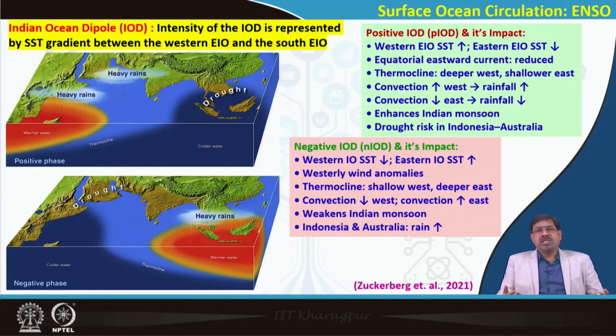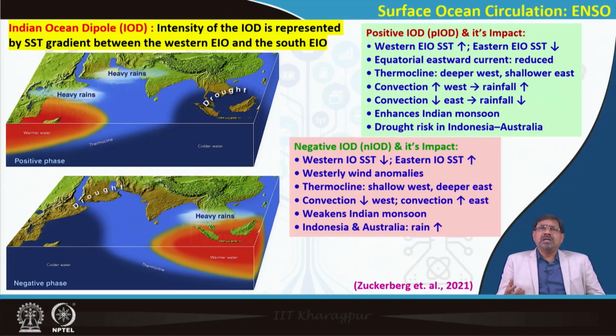So, the western Indian Ocean SST, when it rises or warms, the eastern SST is behaving in a contrasting way to that of western. So, the equatorial eastward current is reduced, thermocline deeper west, shallower east, and the convection moving west, the more rainfall happens, and vice versa.